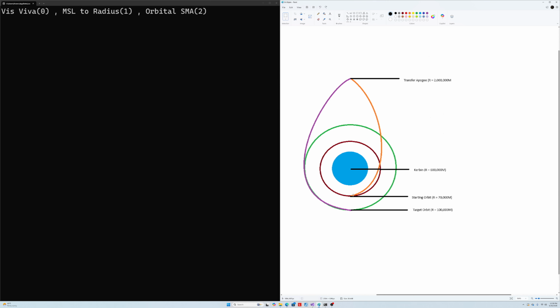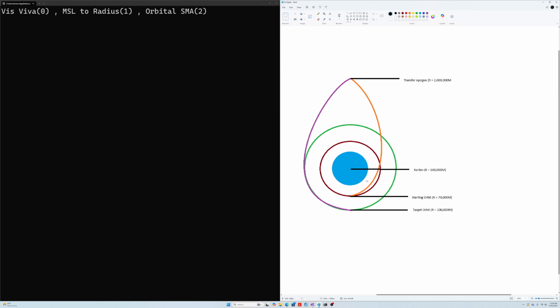If we consult our diagram here, I've more or less drawn out the steps of the transfer. Beginning with our red circle, that will be our starting orbit with a mean sea level altitude of 70,000 meters.